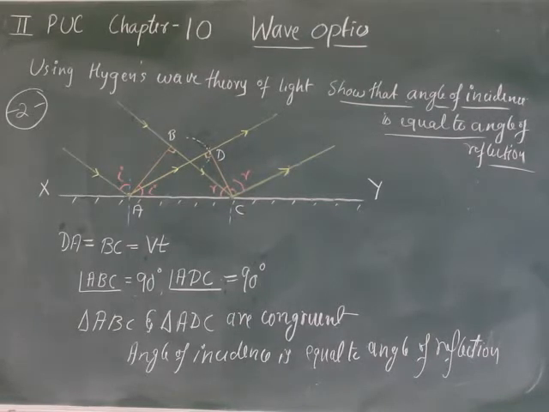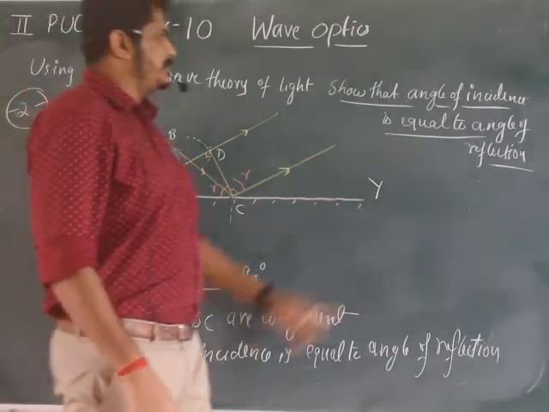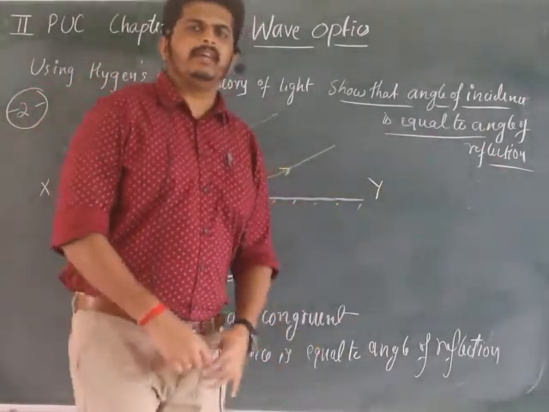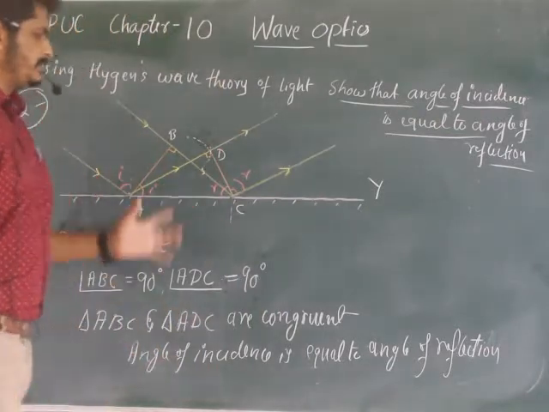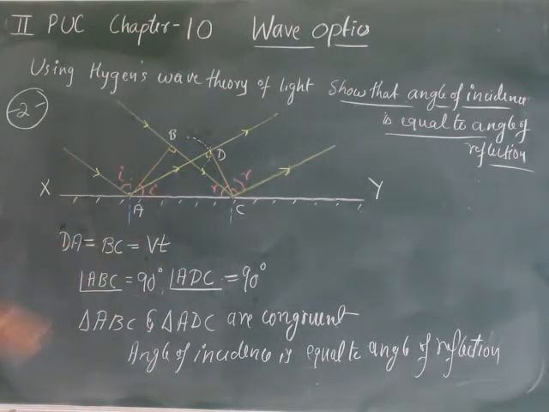Fine. So that is all about the derivation: show that angle of incidence is equal to angle of reflection by using Huygens principle. So it is an easy, small derivation, and very, very important also. Yes, hope this is clear.